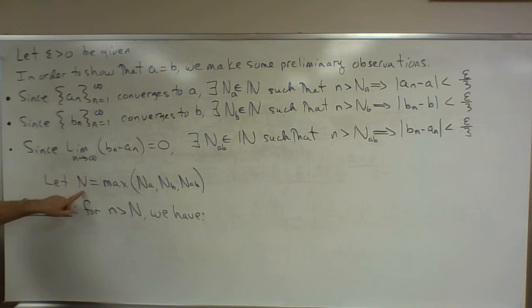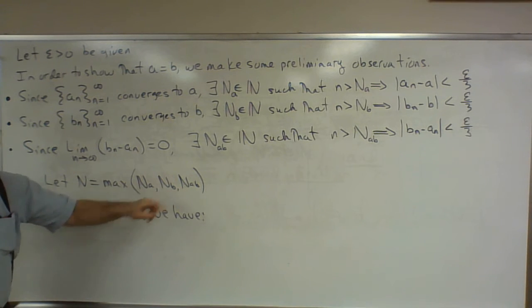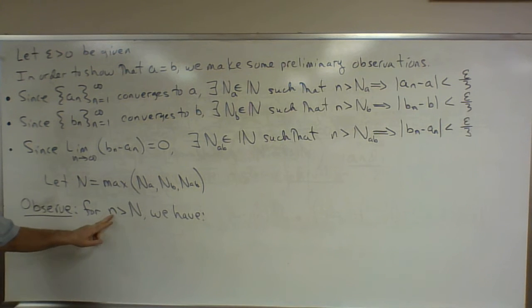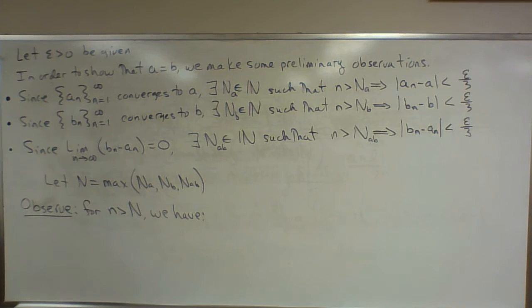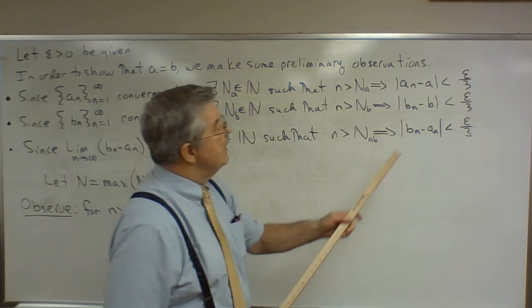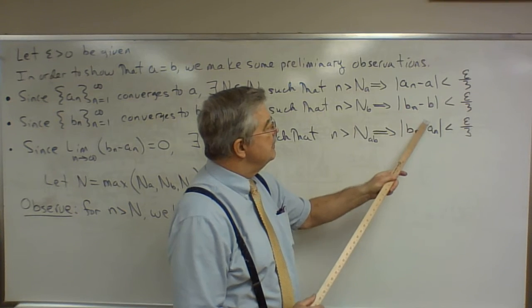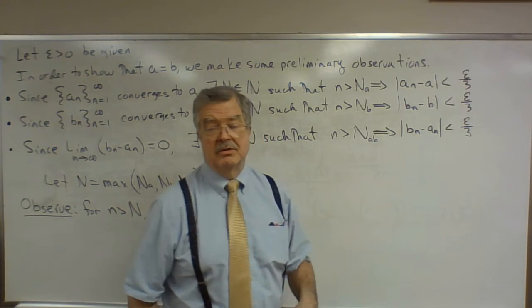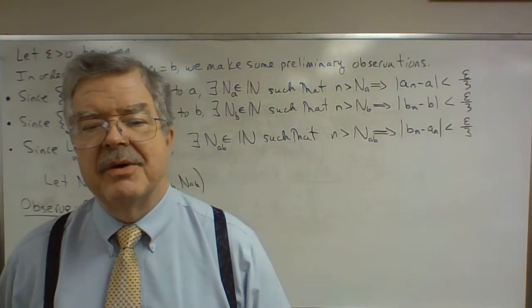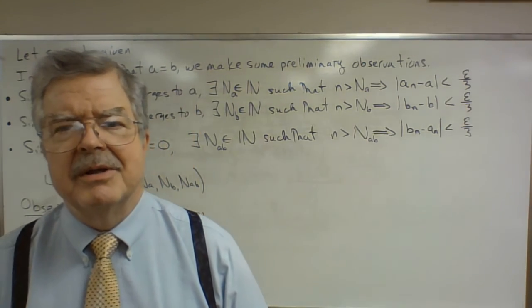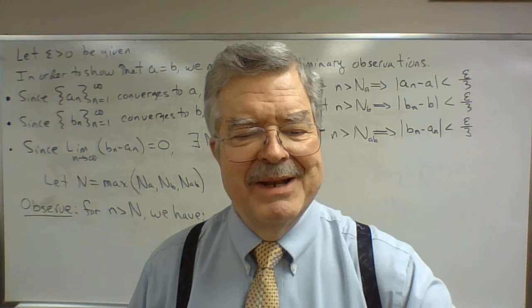We're going to let capital N be the largest of these three values. So if little n is greater than capital N, then little n is also greater than each one of these things, which means each one of these conditions is going to hold. Now wonderful things are going to happen, I hope. We'll find out in just a minute.